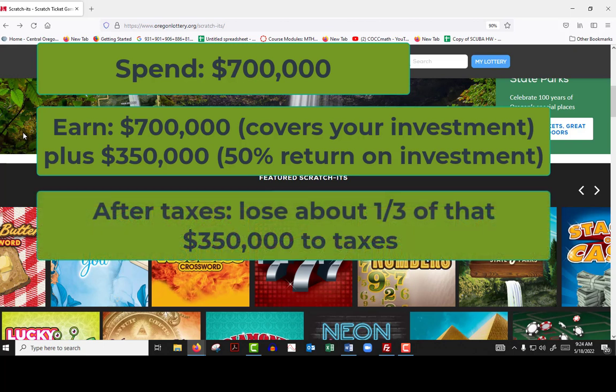So at the end of the day, you invest about $700,000. You end up with about $1 million or so, which correlates to roughly $300,000 in profit, not in revenue, but in profit. Government takes a third, you're left with about $250,000.